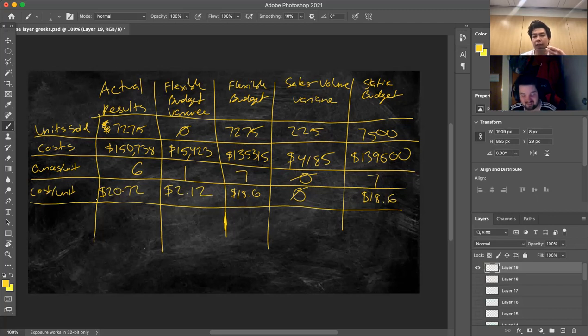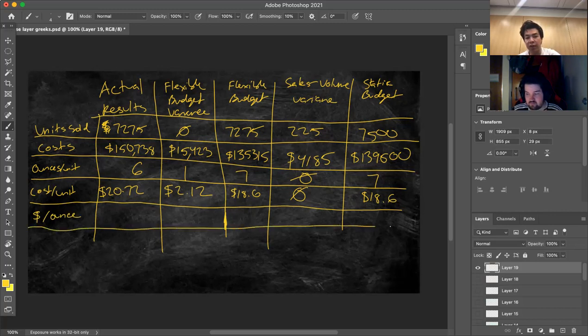Okay, so let's see. Can you do cost per ounce? And how would you do cost per ounce? Would you take the cost divided by the ounces? Can you tell me what specific numbers that'll be?